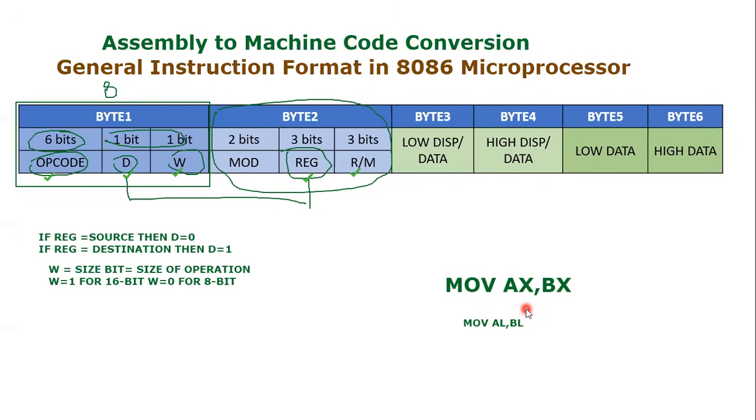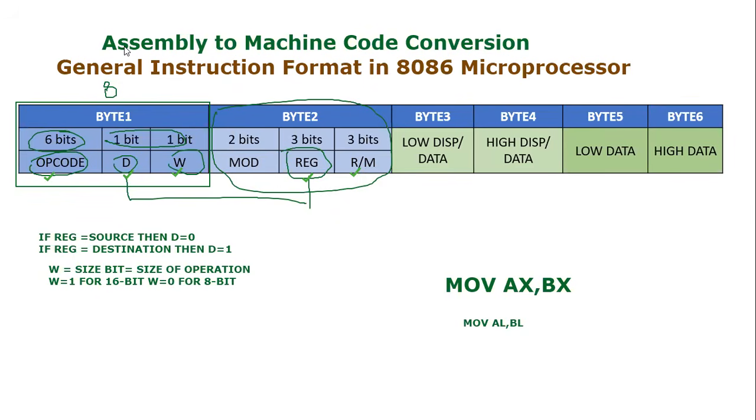So the other operand must be encoded in r/m, and that is also related with mode field, because memory can be described in a number of ways. In addressing modes we have covered, there may be direct displacement, or maybe some base index, or maybe some index, right? So there can be multiple variations of memory. So r/m and mode are related with each other, and we will see their examples when we cover assembly to machine code conversion, right?